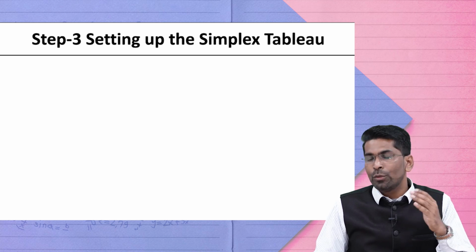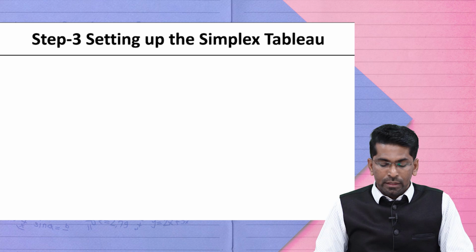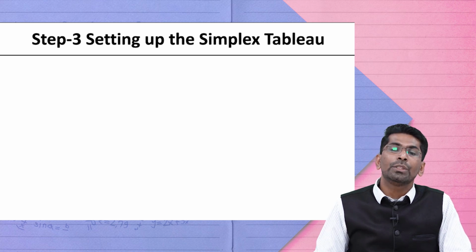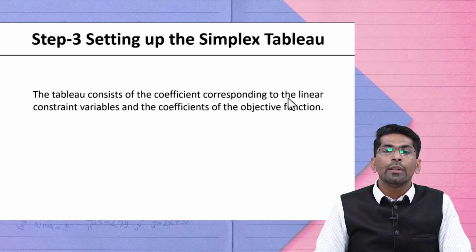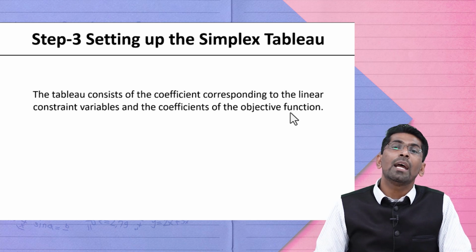The tableau is organized so that the coefficients of the decision variables and slack variables, along with the coefficients of the objective function, are written in tabular form.